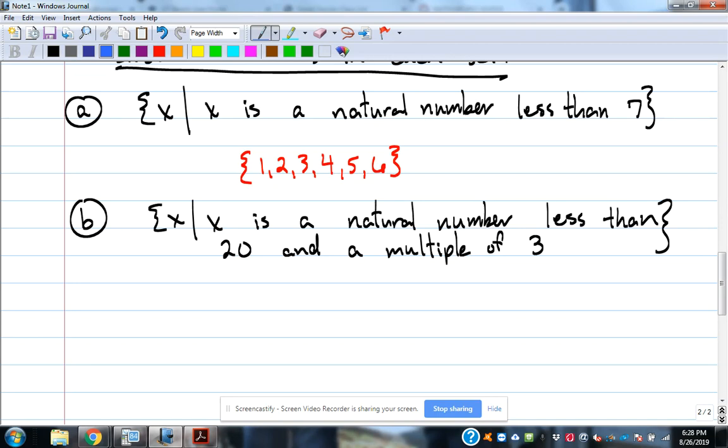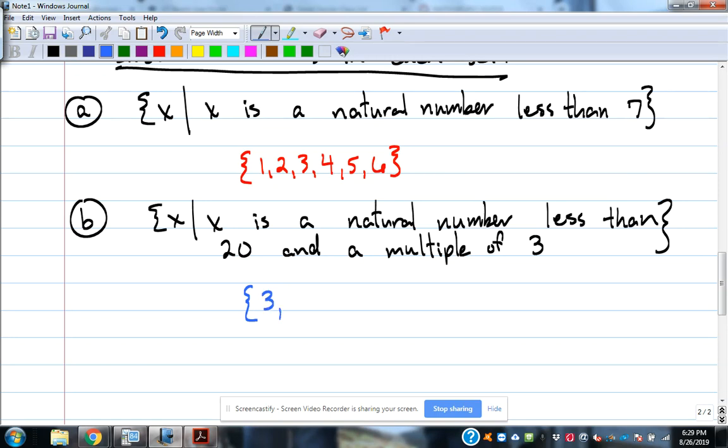So anything that 3 divides into evenly, but it's also got to be less than 20. So let's think about the natural numbers that are less than 20. We have 1 through 19. Which one of those does 3 divide into evenly? Obviously 3.